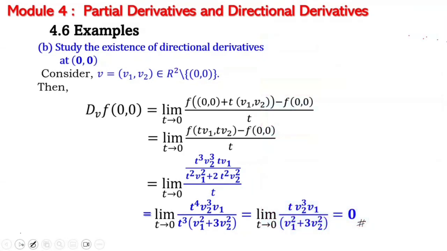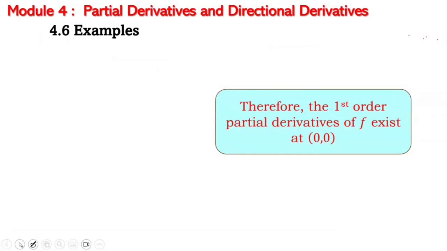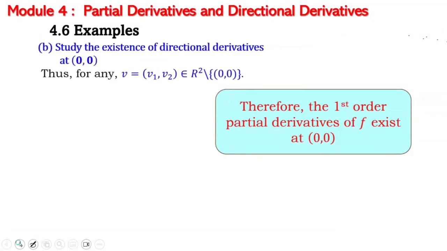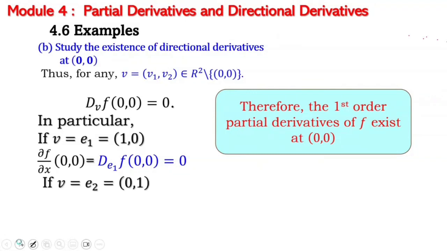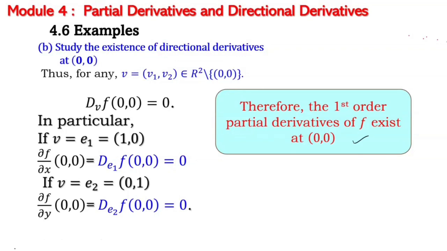So for that, we will take it here that for v, Dv f is equal to 0, and in particular, if we take v equal to e1, then you will get the partial derivative with respect to x is 0, and then if you take v equal to e2, you will get the partial derivative with respect to y is 0. So therefore, the first order partial derivatives of f exist at (0, 0). So this is the conclusion.